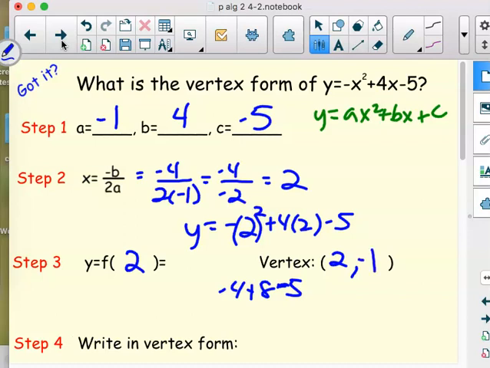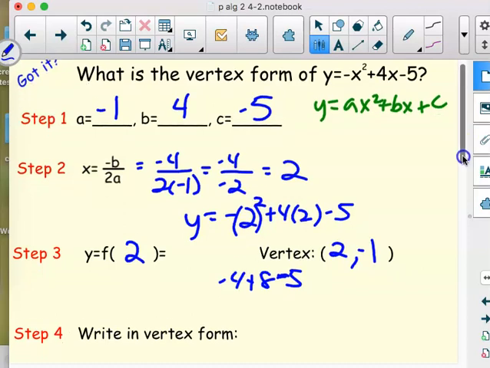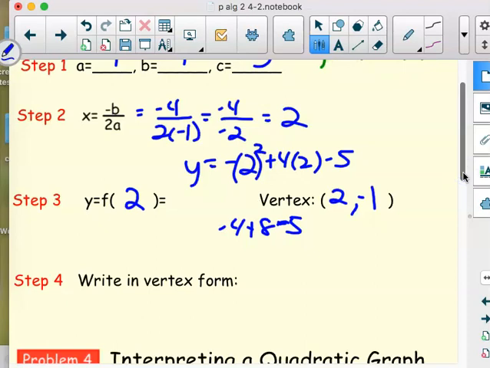So, kind of an educated cheat. If we know how to find the vertex, of course we can put it in vertex form. So y equals, what was A again? -1. So I'm just going to put the negative out in front of here. And we have to be careful with this one.